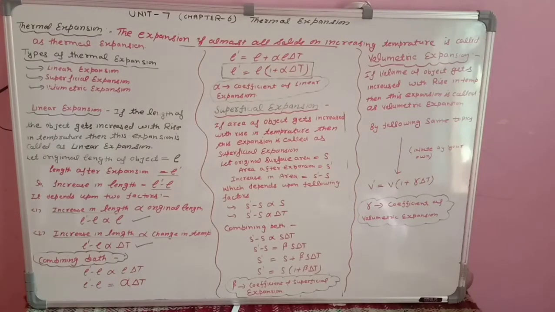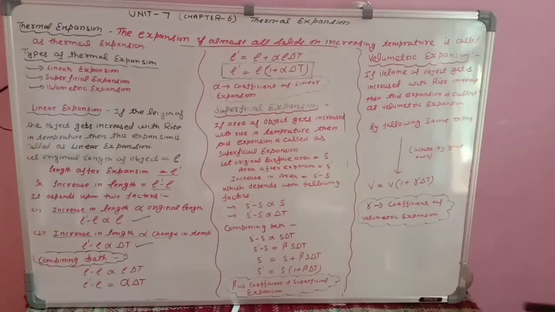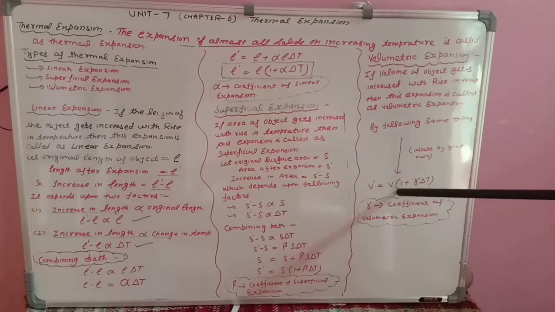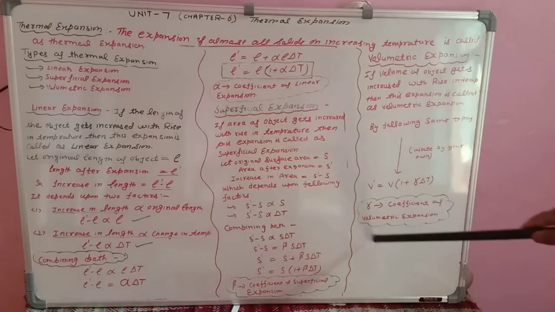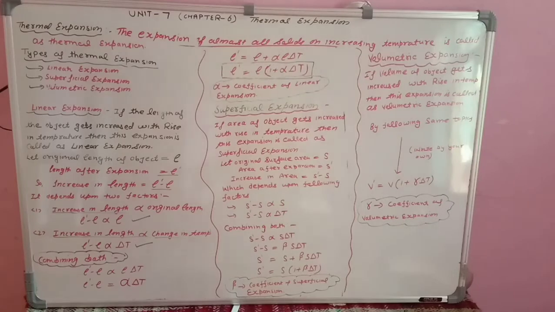So now it's your work that you have to follow same steps, and at last you will get one equation, that is V dash is equal to V into 1 plus gamma delta T. Okay, and here this gamma is called coefficient of volumetric expansion.